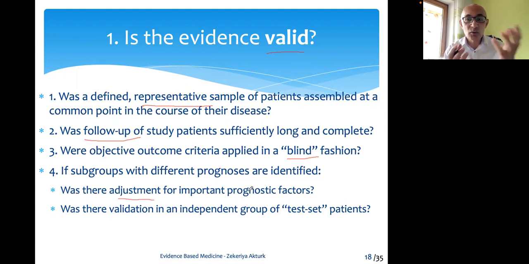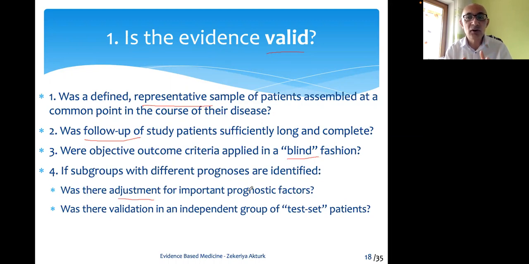Because if the groups are different, groups with the risk factor, without the risk factor, with positive cellular markers in this case, and negative cellular markers, if one group is rather older compared to the other group, that might affect or be related to the mortality, to the outcome.